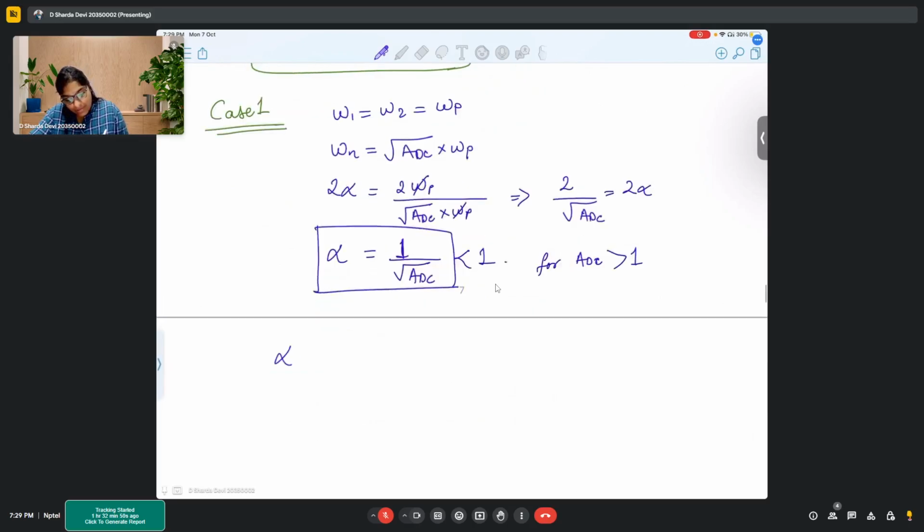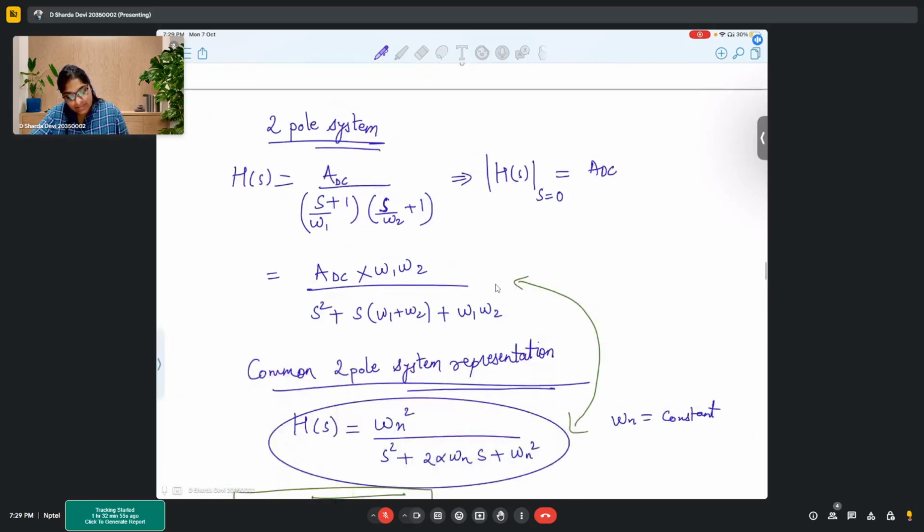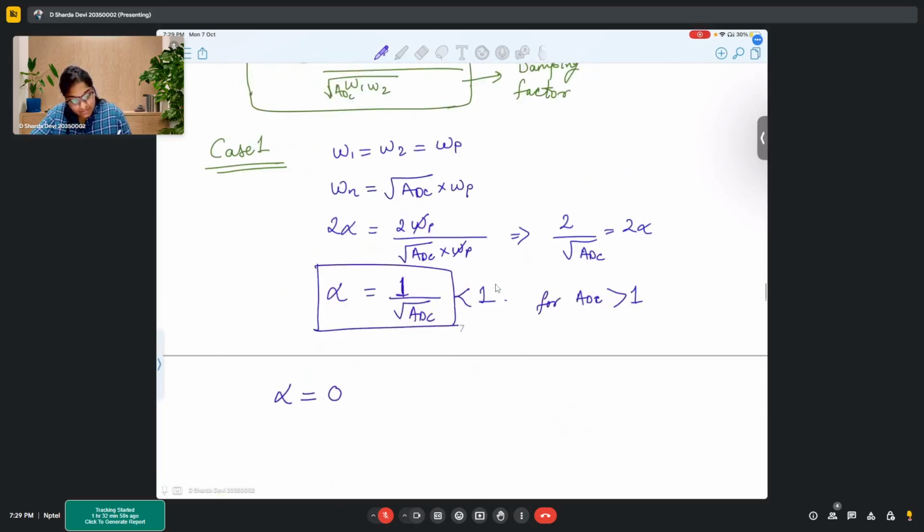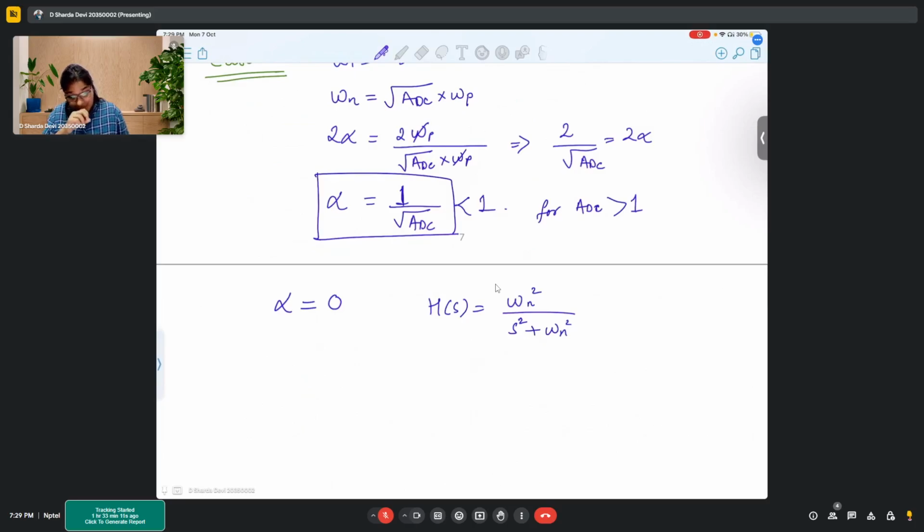Now when alpha is 0, if we see from this particular expression, the transfer function will become omega n square by s square plus omega n square. Correct? So this brings us to having two poles equal to plus minus omega n, right?